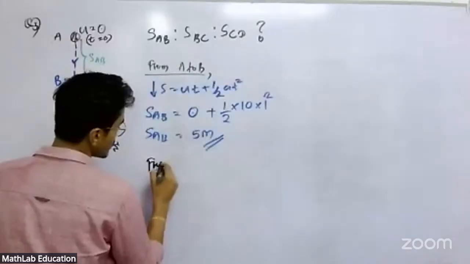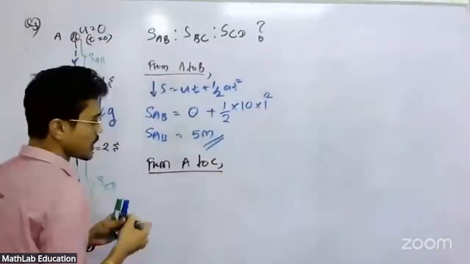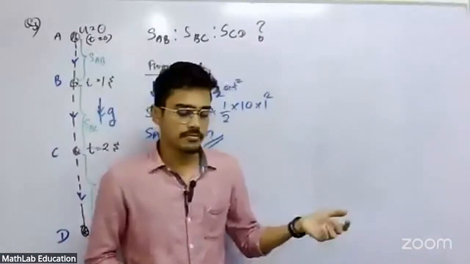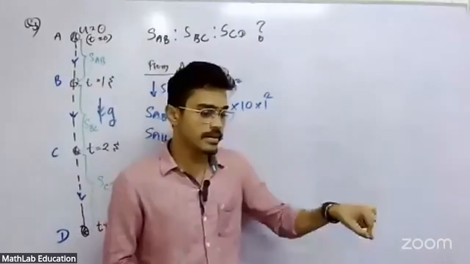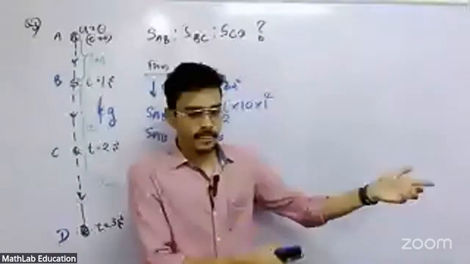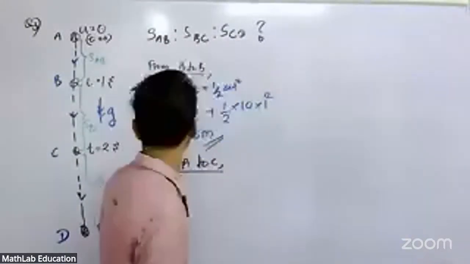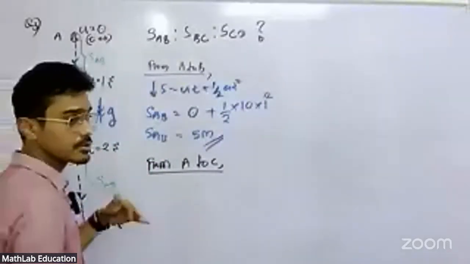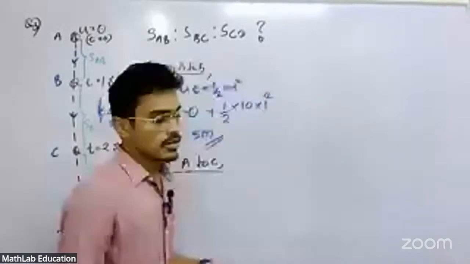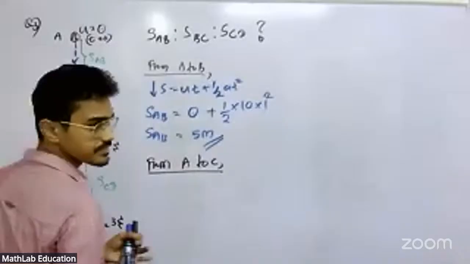But here, from A to C, my idea is this. If I'm going to use an equation from B to C, first I need to determine the velocity at B. Then I have to use another equation. One more equation. Now if I need BCD, I have to use 3 more equations. So therefore, excluding that, I'm going to consider the total section from A to C and doing the same.